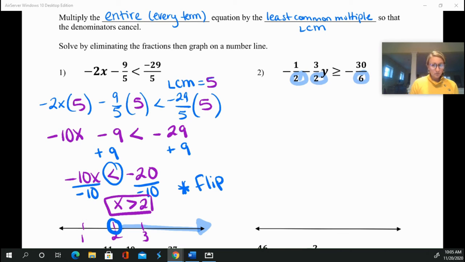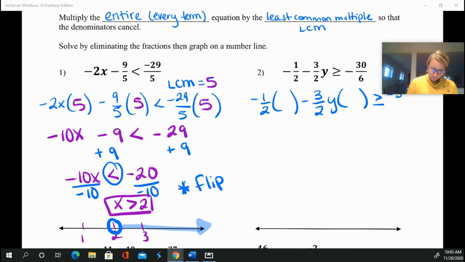And 6 is a multiple of 2, making the least common multiple 6. And I always write it out like this just to make sure I don't forget any terms. And I find it easier to multiply when we write it out.